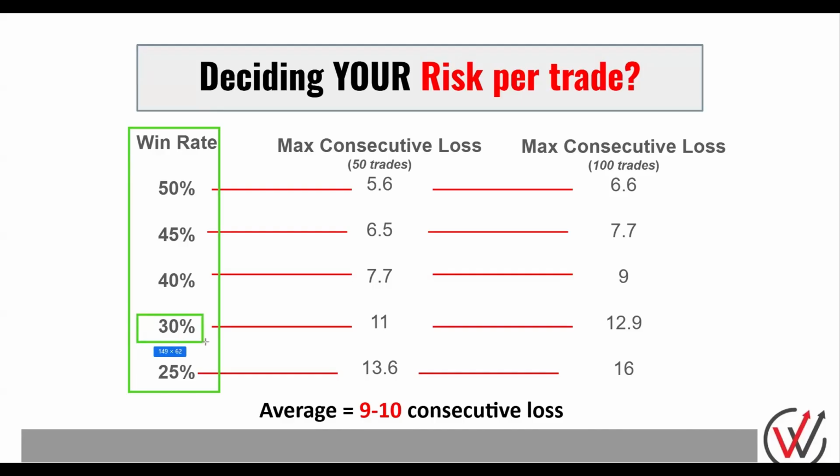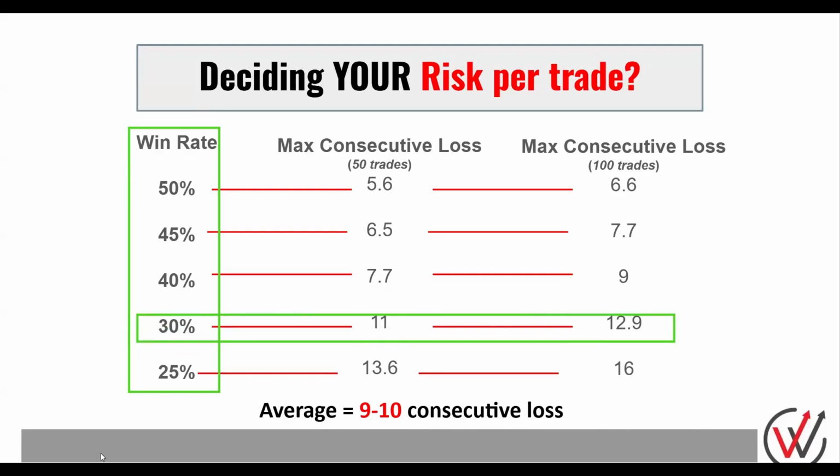I fall into this category. I don't know where all of you are; you might have a 40% win rate. I'll take an average of the whole scenario. On average, there's a chance that we might have a losing streak of 9 to 10 trades. This is maths based on your win rate.